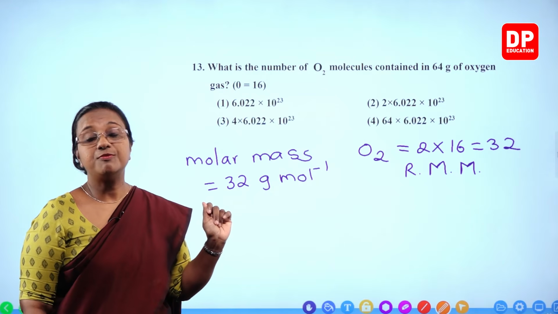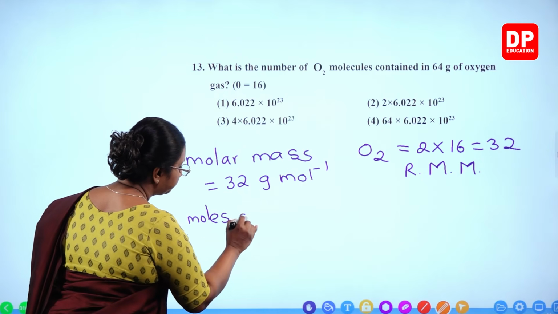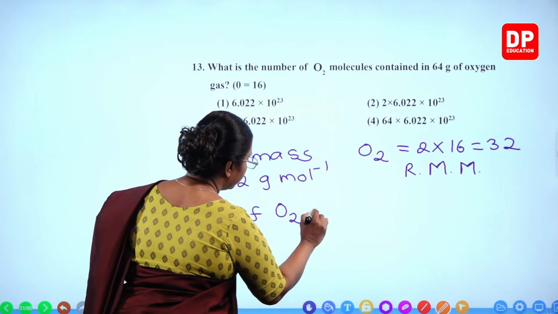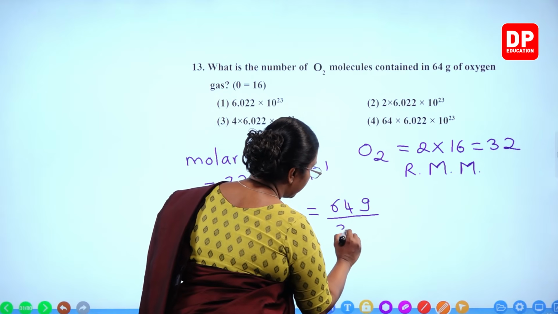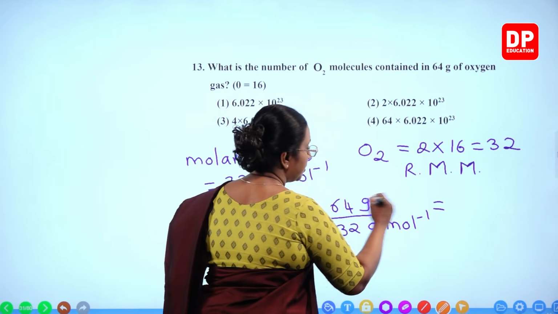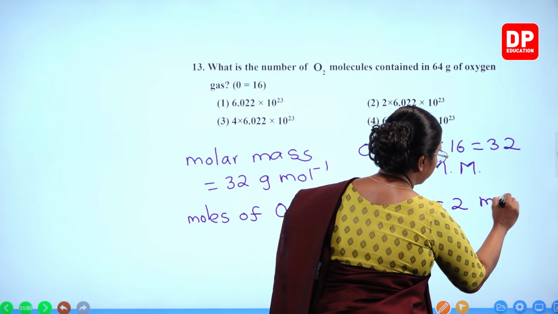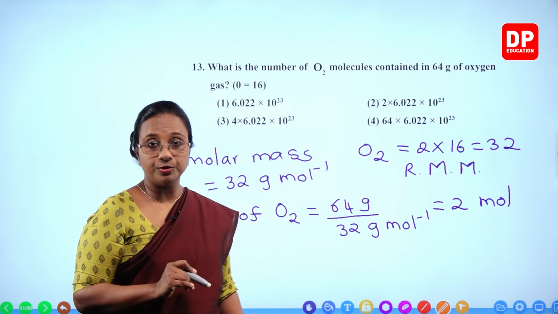What is the number of moles there? So if you find the moles of O2, you can see 64 grams divided by 32 grams per mole. So you can see 2 moles. Now 64 divided by 32, the answer is 2 moles.